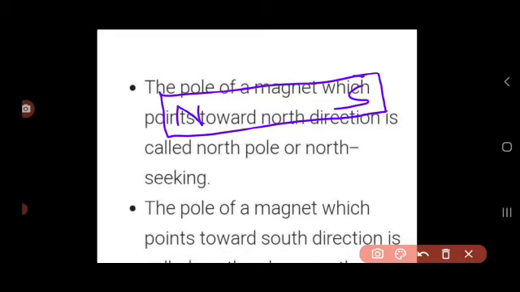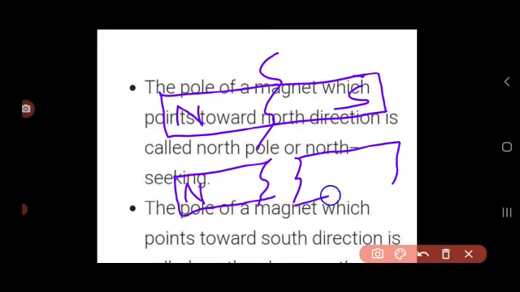The portion where the north pole is there, automatically a south pole is developed at the other end, and the piece containing the south pole develops a north pole at its opposite end. So again, these two broken pieces of magnet have two poles, north and south. So magnet always has two poles.